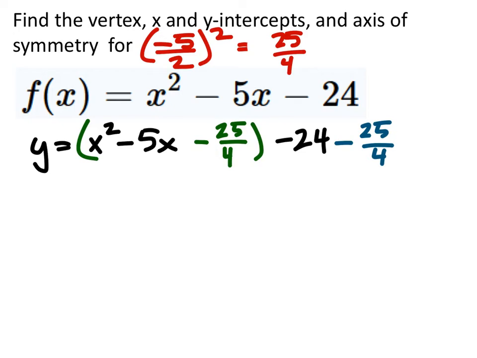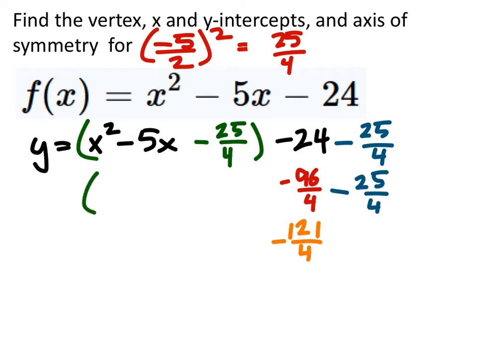Now I got that negative 24 minus 25 fourths. If I'm going to subtract those, I do need common denominators. Let's take negative 96 fourths and subtract our 25 fourths. Negative 121 fourths, just from those fractions, right? And otherwise, we can look at the square that we had from the parentheses, and that was negative 5 halves.